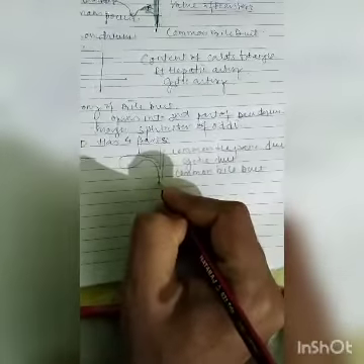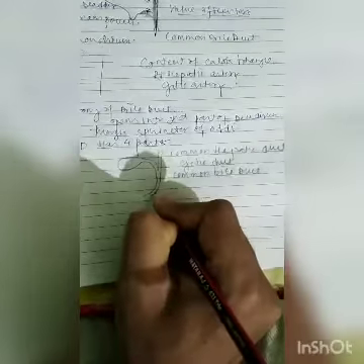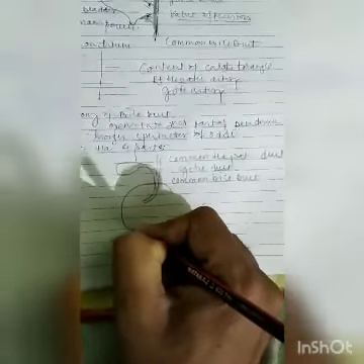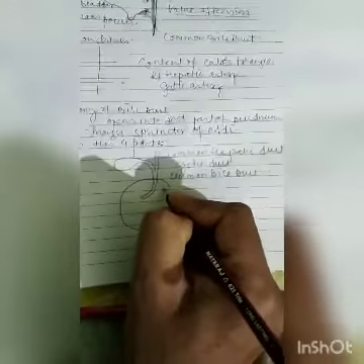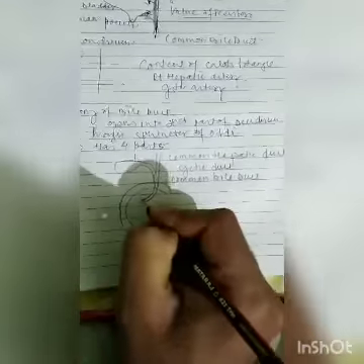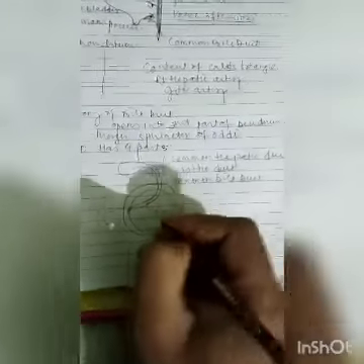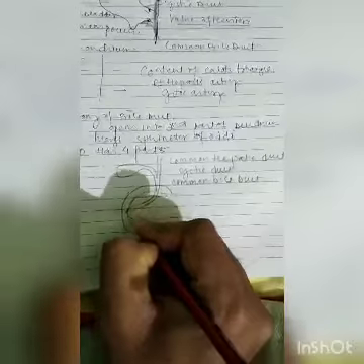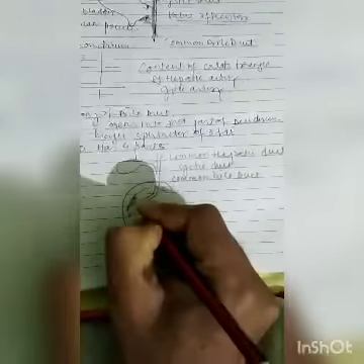The common bile duct opens into the second part of the duodenum. This is the second part of the duodenum. And here the pancreas is situated.